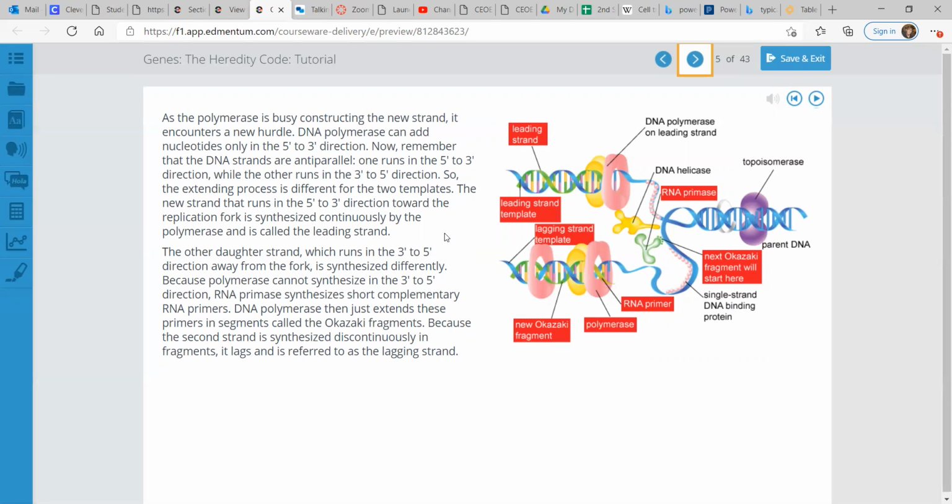DNA polymerase then just extends these primers in segments called the Okazaki fragments, because the second strand is synthesized discontinuously in fragments. It lags and is referred to as the lagging strand. And you can see that in this graphic here.